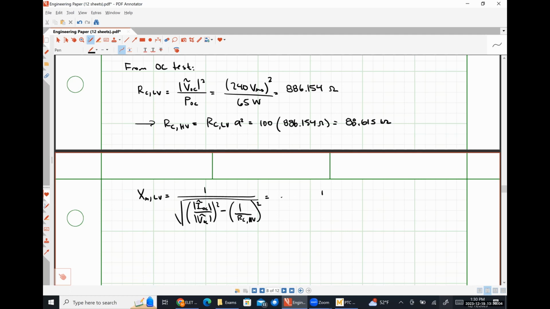That's going to be 1 over the square root of, let's see, IOC was 6.5 amps, VOC was 240 volts RMS, minus 1 over 36.154 ohms.